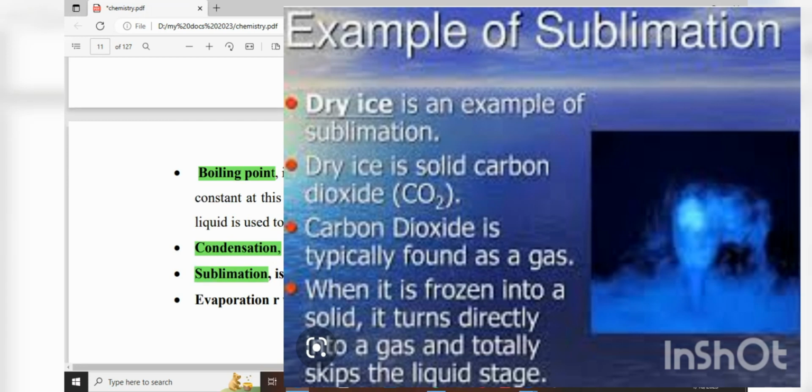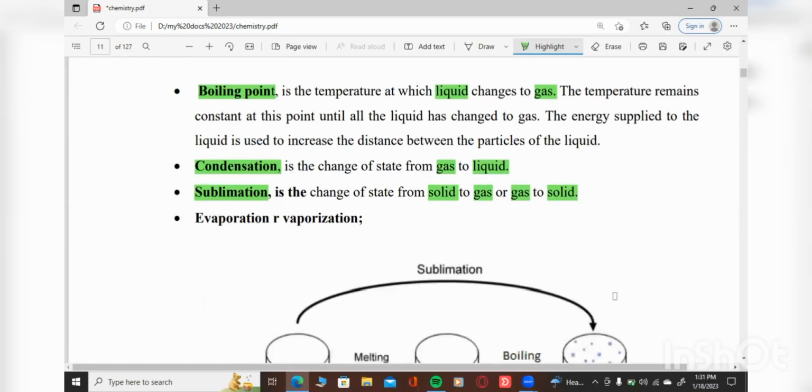We have evaporation, or what we call vaporization.